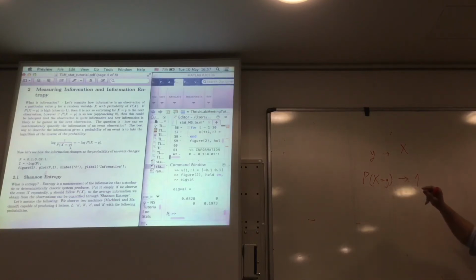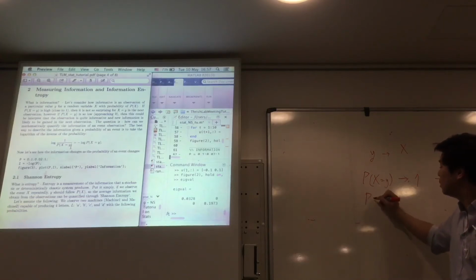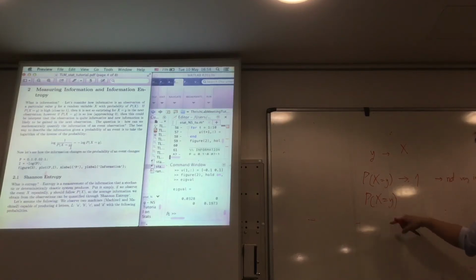This one is not very interesting, because you know for sure you will get x equals y next time, even if you sample. However, if the probability of x equal to y is very low, approaching 0, it means that maybe in the next observation we get new information. It becomes really interesting.